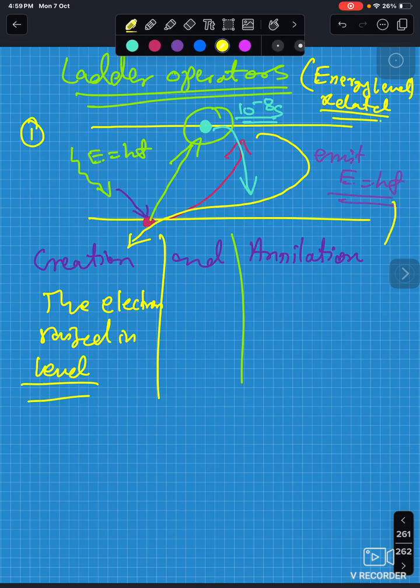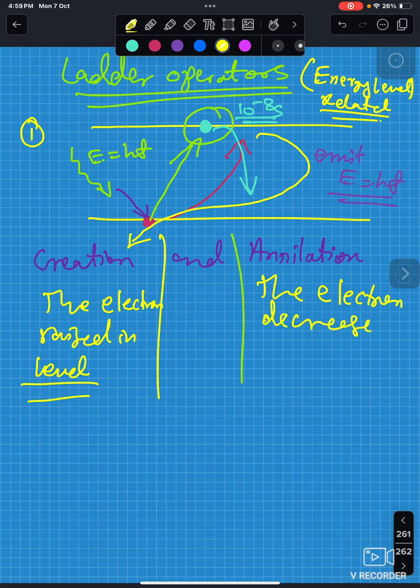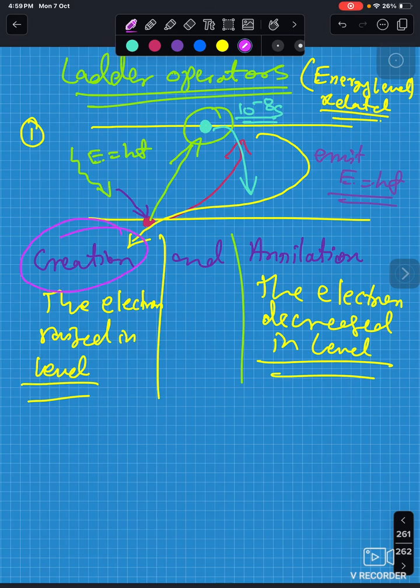This energy is related to the electron. Mostly we take the electron. The electron decreased in level. So if it rises, it's a creation operator. If it goes down, it's an annihilation operator.